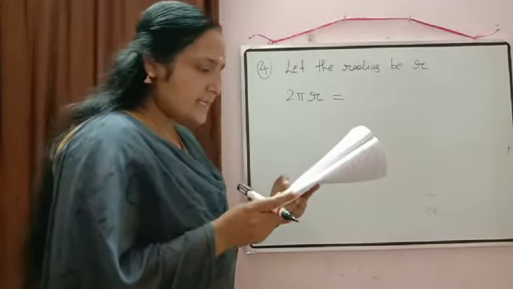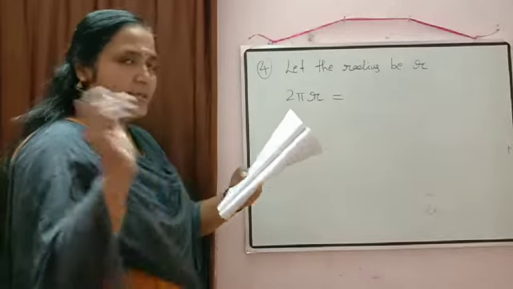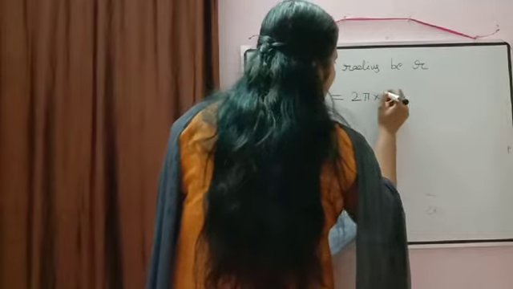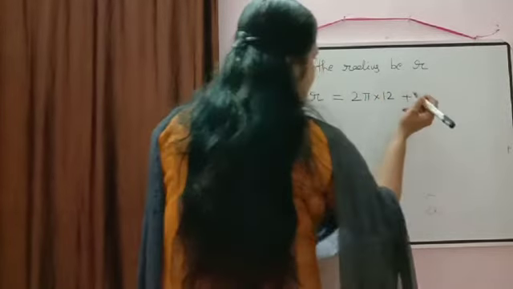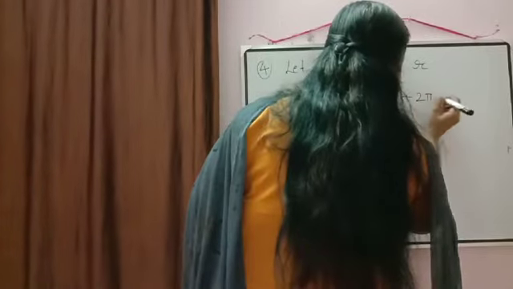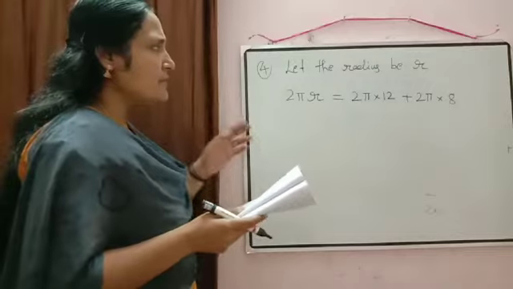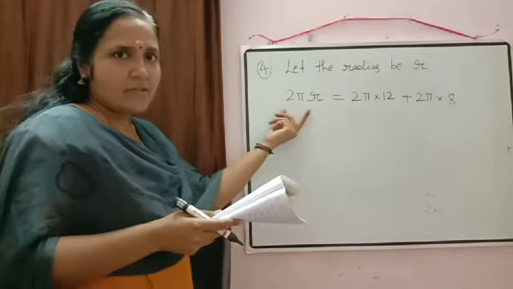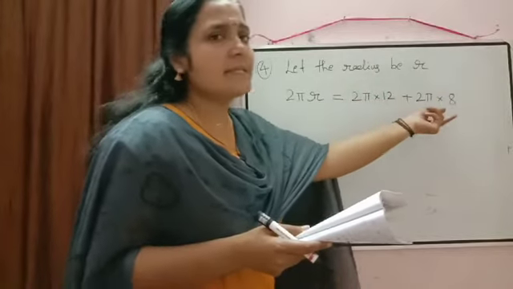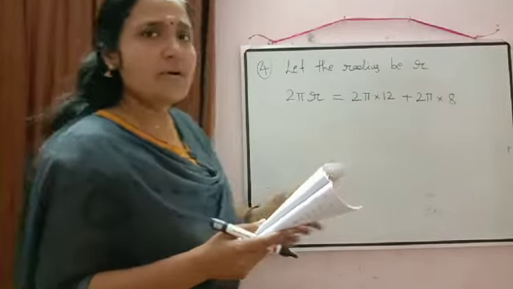The first circle's radius is 12, so its circumference will be 2 pi into 12, plus, for the second one, 2 pi into 8. Correct? This information only is given.